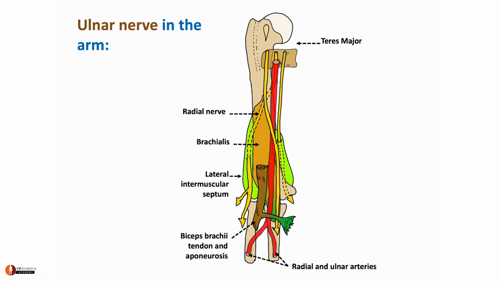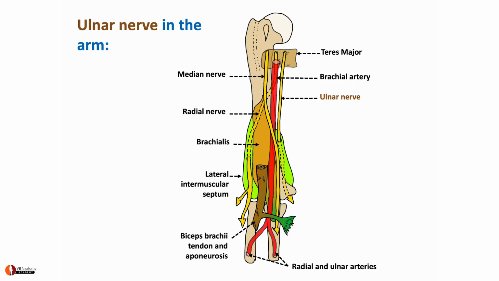So here you are seeing the teres major, brachial artery, median nerve, and medial to both brachial artery and median nerve is my ulnar nerve. So it's entering into the arm lying medial to these 2 structures.